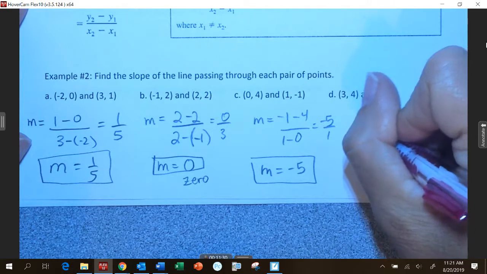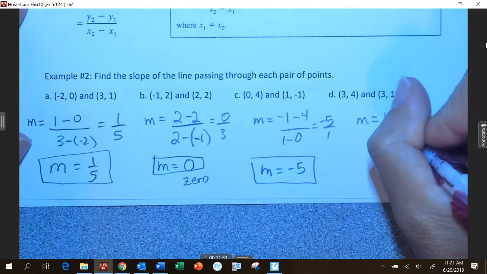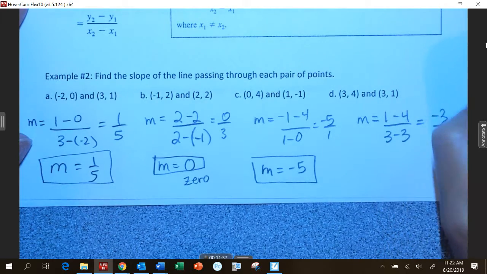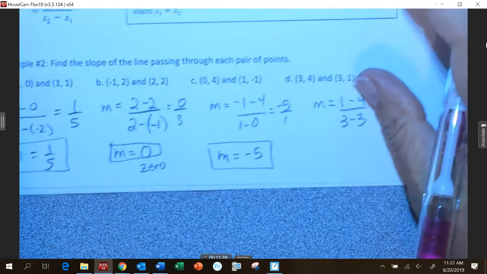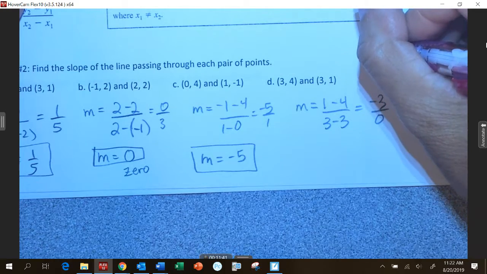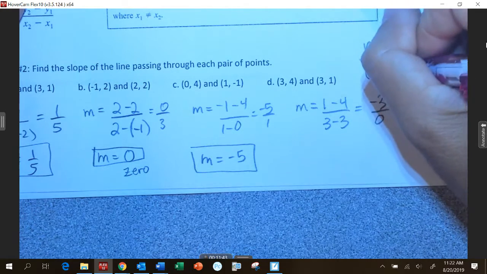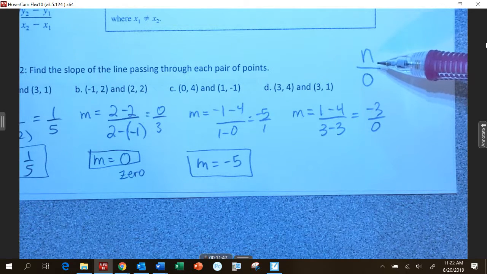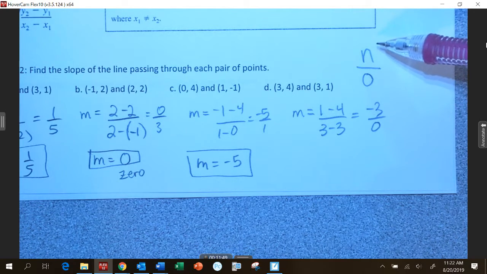And then question D. 1 minus 4 over 3 minus 3. That gives me negative 3 over 0. If I have any number and I divide by 0, up here I have a little thing written down.